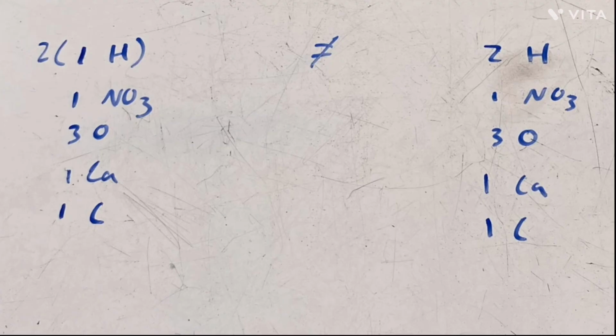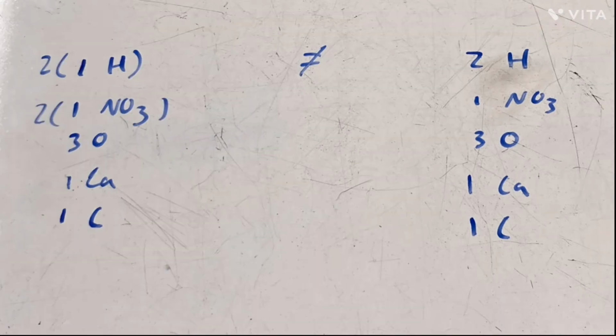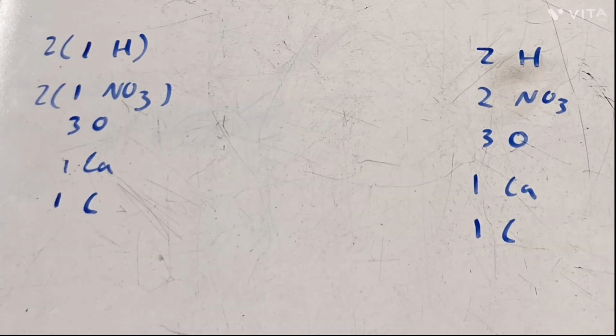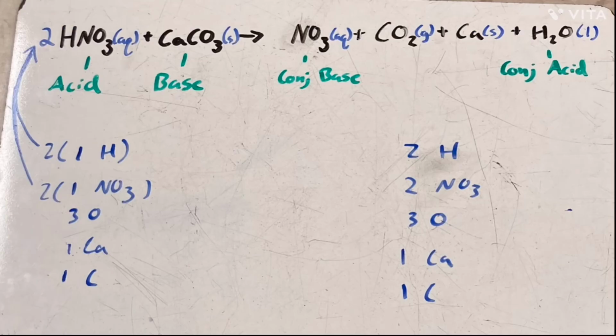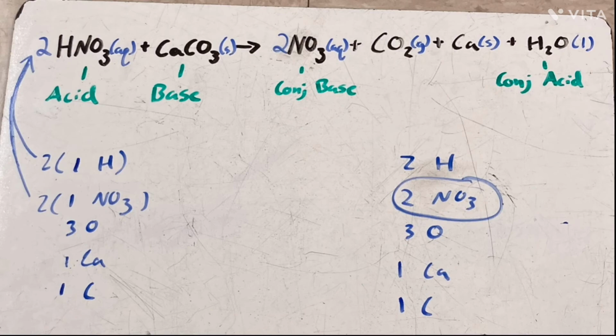This also means that we have to add another nitrate ion to the reactant side, since nitric acid is bonded together. We've now balanced the hydrogens, but this means that there is 1 more nitrate on the reactant side than on the product side. Fortunately, the nitrate is all by itself on the product side, so we can just add another one. We've now balanced the equation. So once we add a 2 next to our nitric acid and to our nitrate ion on the product side, we're done.